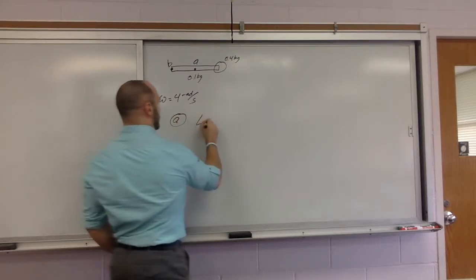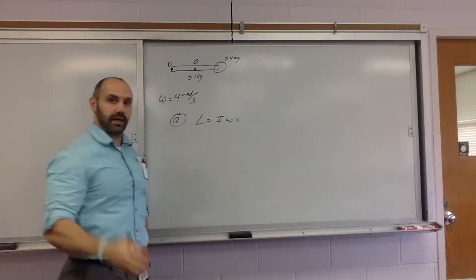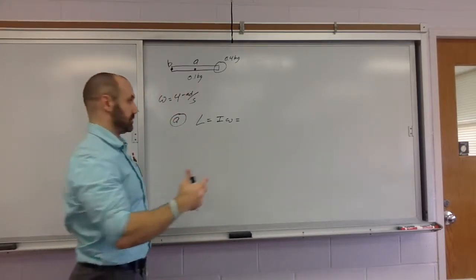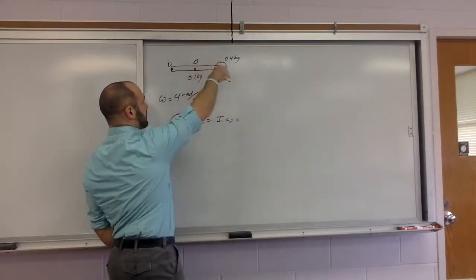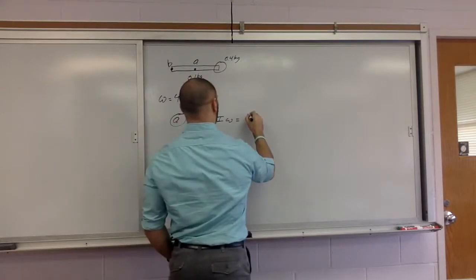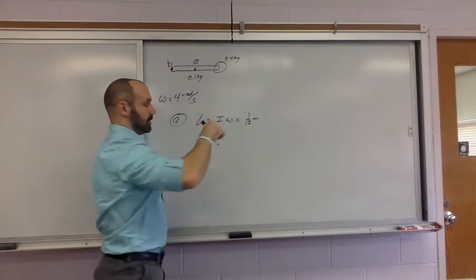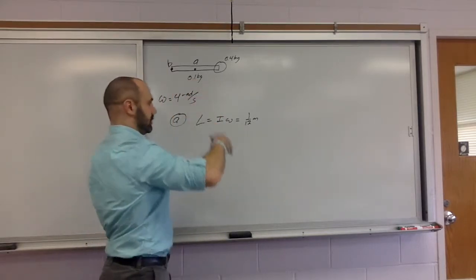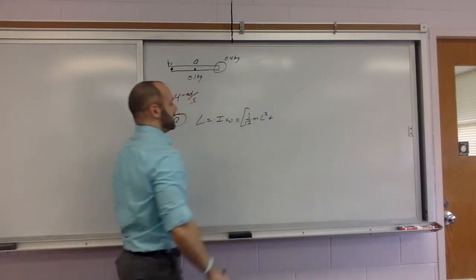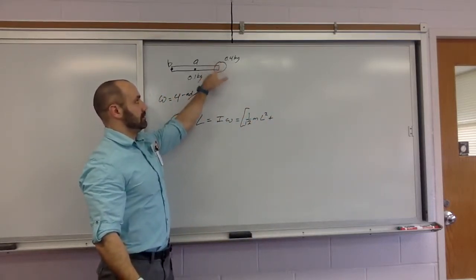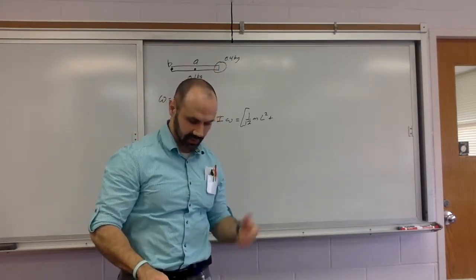So for part A, again, L equals I omega. And so now I have two I's, two objects for which I'm finding the moment of inertia. The first one is going to be this stick, so it'll be 1/12 mL squared, where L is the length of the whole thing, so that's 1 meter, L squared, plus this piece, which I think we're assuming to be just a point mass, so that'll just be mr squared.